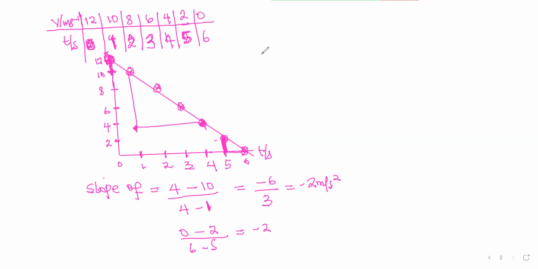So this is also termed uniform accelerated motion. But because the acceleration is negative, we can also call it uniform decelerated motion, or uniform retarded motion.